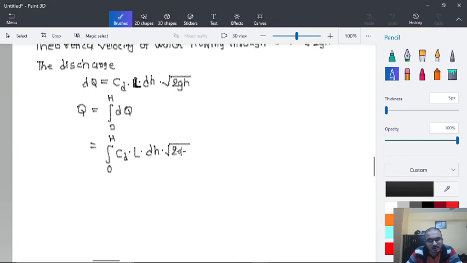So we will take constant terms outside, then we will have CD into L into square root of 2g, integration 0 to h of square root of h into dh.